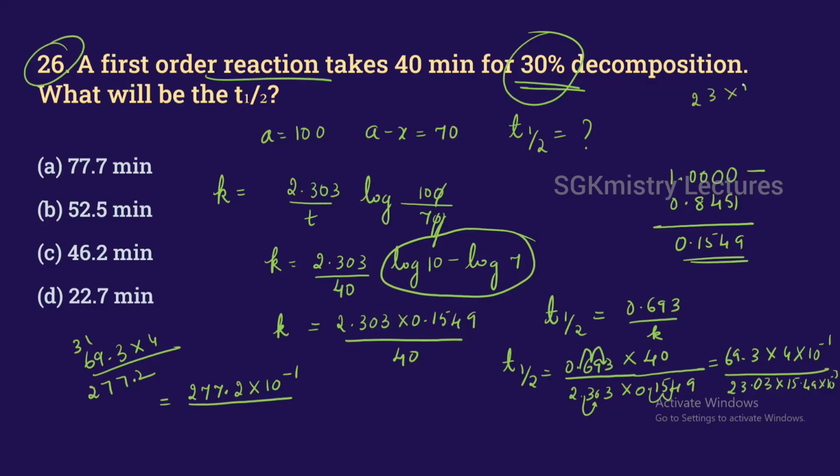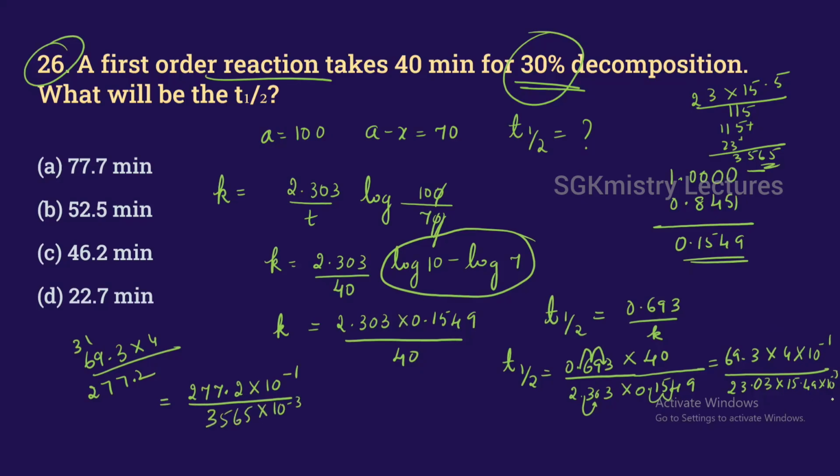So 23 into 15.5. So we have 5 plus 5, 23, 3565. Okay. So we have now 3565 into 10 to the power of minus 3.